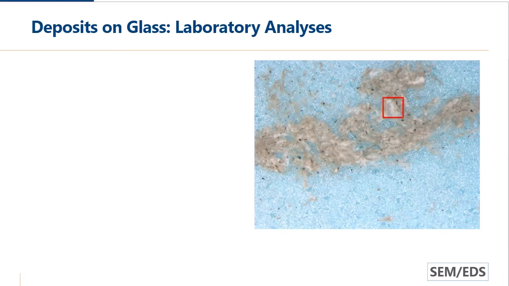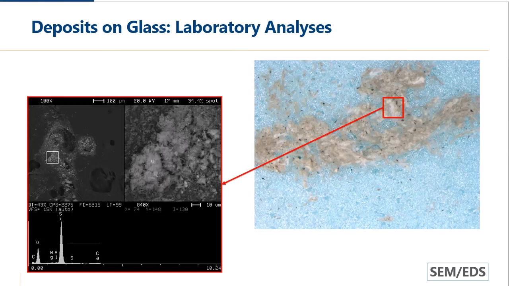So again, taking some of that material, putting it in the SEM, and there on the upper right, you can see the fluffy white material. We do the EDS analysis and see that it's primarily silicon and oxygen. We're not seeing much calcium or sodium from the soda lime glass. So we know that these deposits are a little bit different than the glass itself.